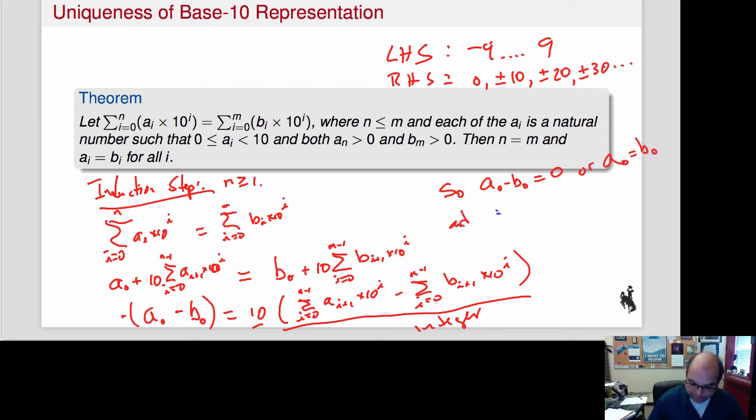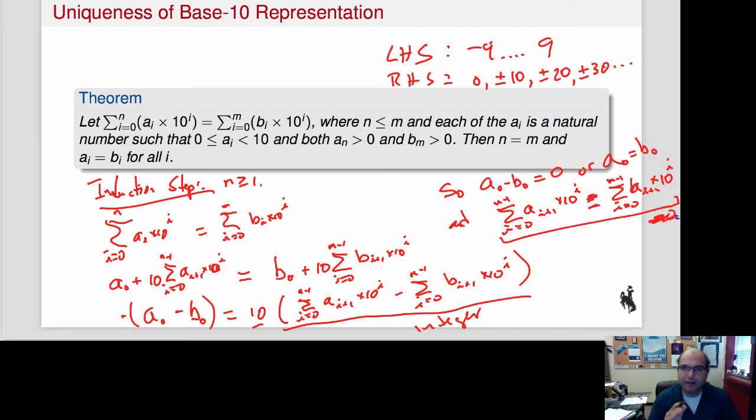And the sum from i equals 0 to n minus 1 of a sub i plus 1 times 10 to the i must be equal to the sum from i equals 0 to m minus 1 of b sub i plus 1 times 10 to the i. And what I have is the induction hypothesis.